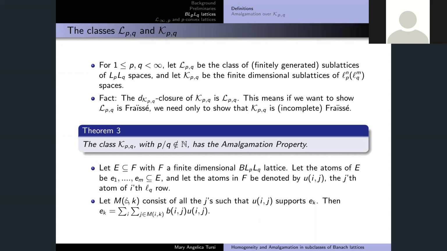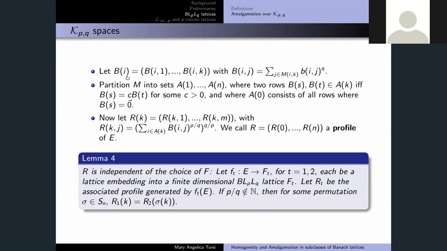I add up over all of the rows, with the b_{ij} being the coefficients when I take my e_k and map it into F. Then I just take all the j's that are in M_{ik} and add up over the rows i. And we're going to denote by capital B_i the q-sums of the b_{ij}'s when j is in M_{ik}.